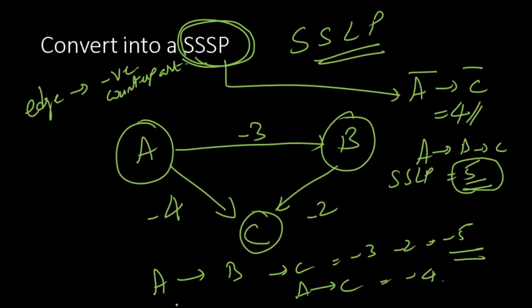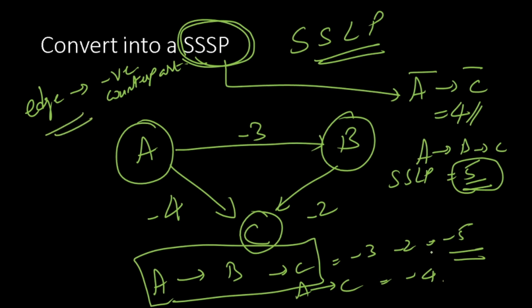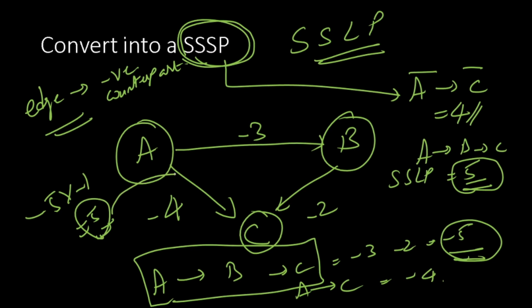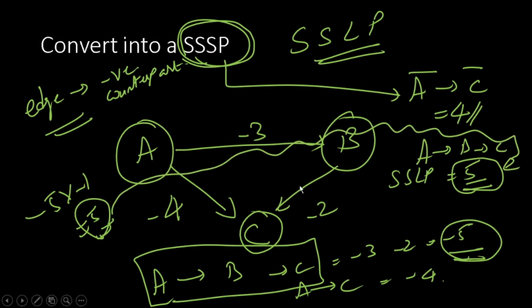So now your single source longest path is nothing but the single source shortest path after converting all edges to negative. The answer is of course -5, but -5 has to be multiplied by -1 to get the answer 5. I don't want to waste a lot of time because this is going to be a long video already. So simply convert all edges to their negative counterpart. That will give you the answer.